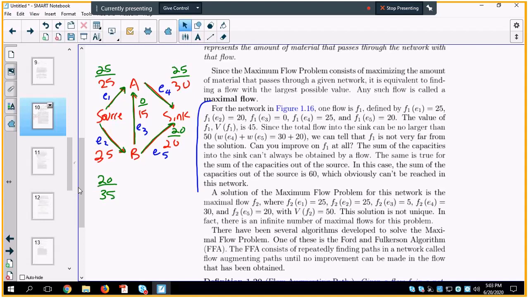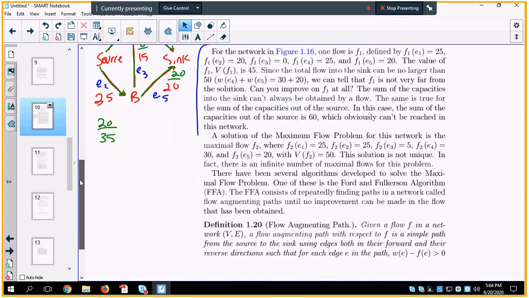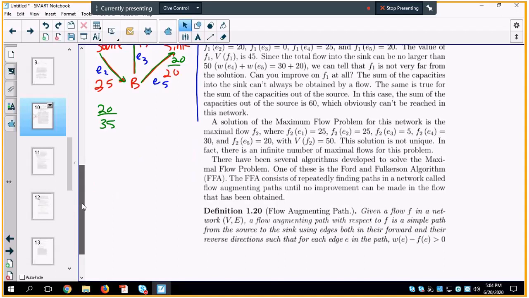So even if I sent 60, say 1,000 gallons through this network, it has no place to go. So the best we could hope for is 50. So the solution of the maximum flow problem for this network would actually be to have a flow of 50.